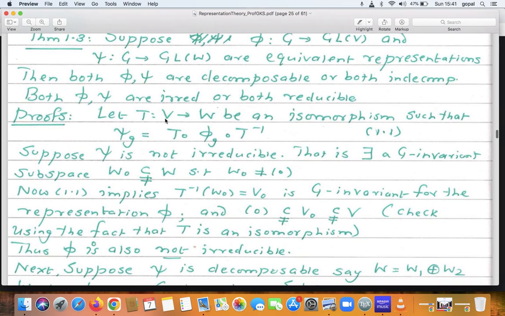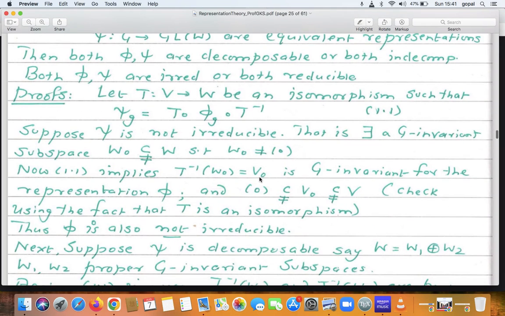So take the isomorphism which intertwines the two representations. Suppose psi is not irreducible. That means there is a non-trivial G-invariant subspace W naught. Then T inverse of W naught, call it V naught, is also a non-trivial invariant subspace.